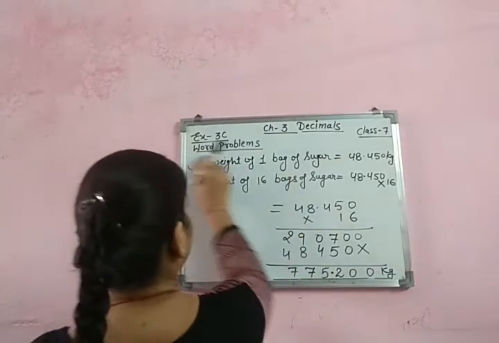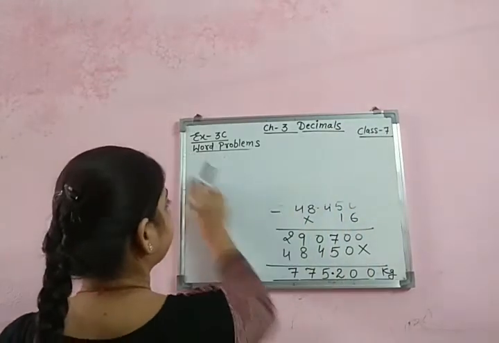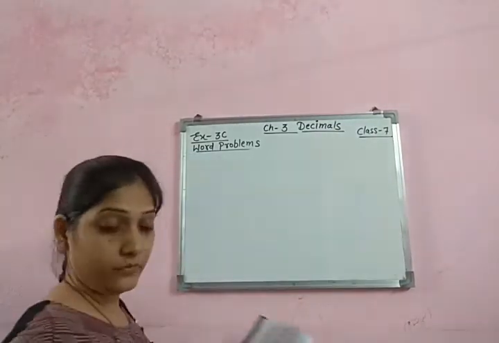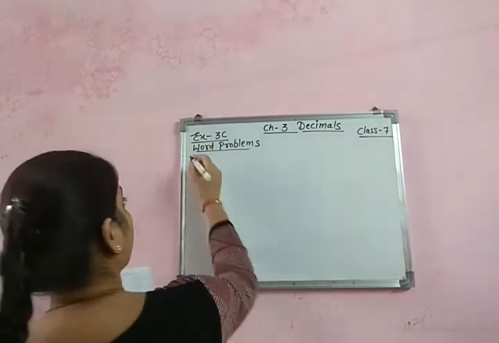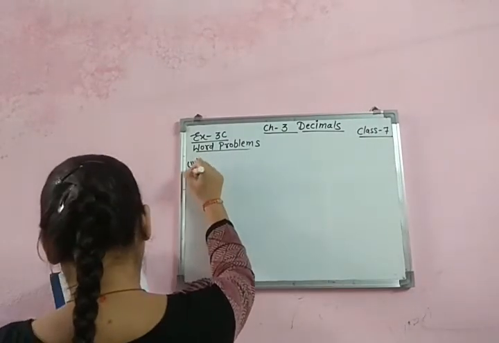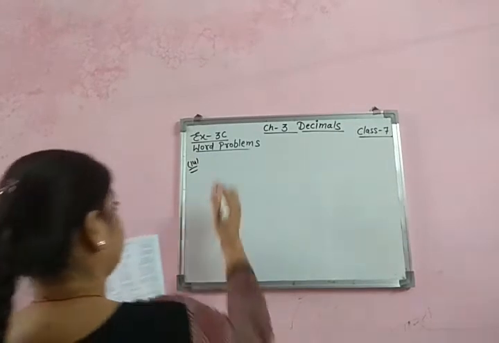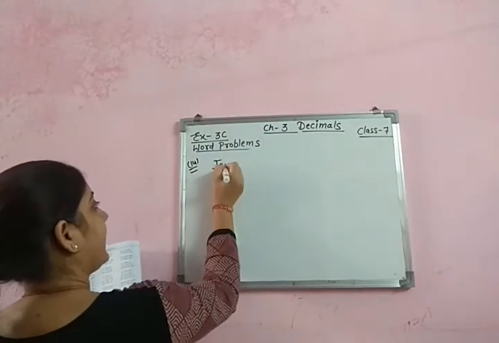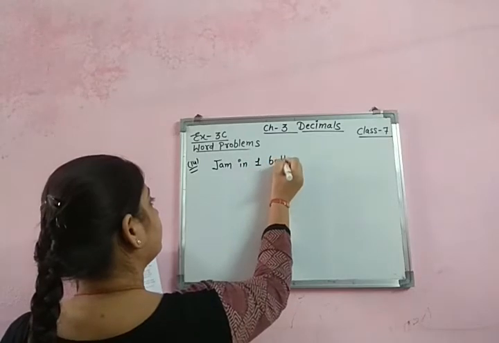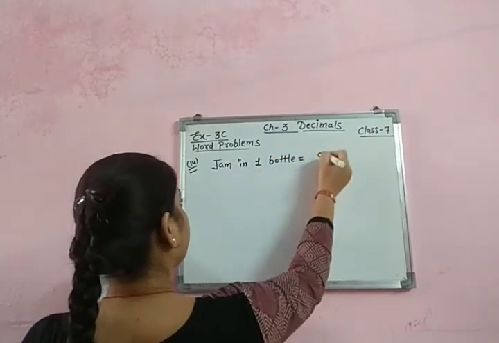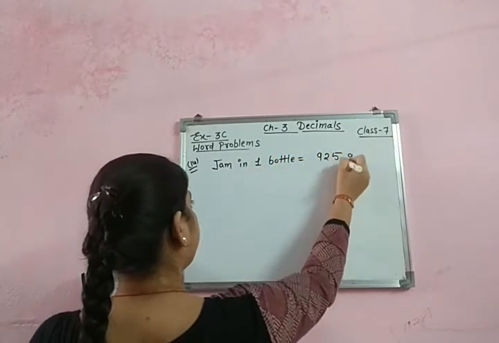So let's start doing this question. Question number 14 we are doing now. So what is the question saying? The quantity in one bottle of jam is given. So I'm writing jam in one bottle. In one bottle it is 925 gram.